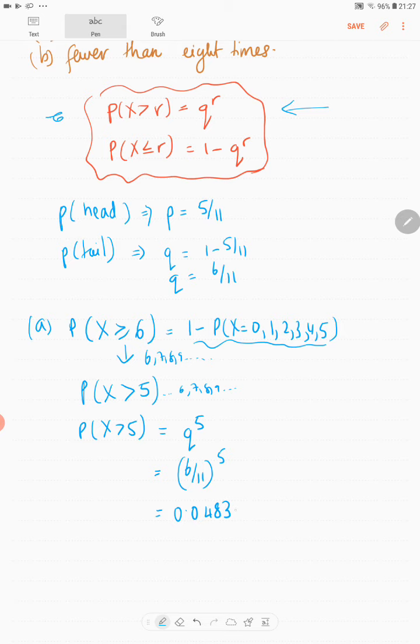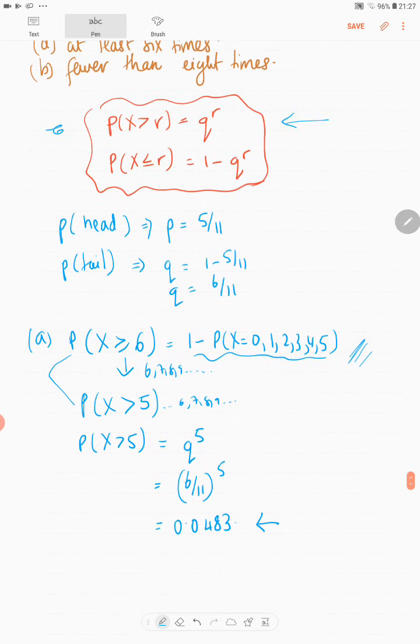As you can see, this method is easier than the other method. That requires more calculation. Here the calculation is very simple. So as you could see, we can transform this inequality into this one.